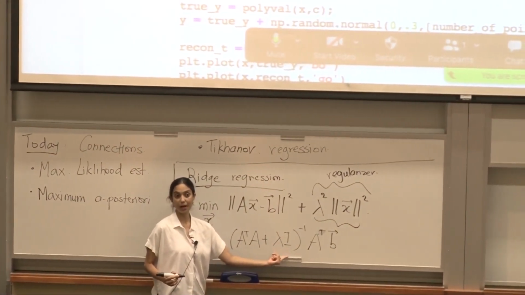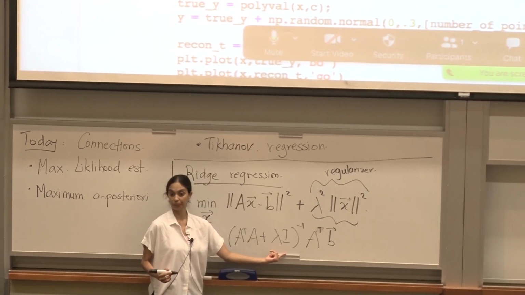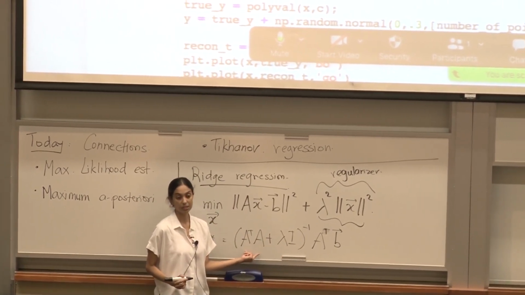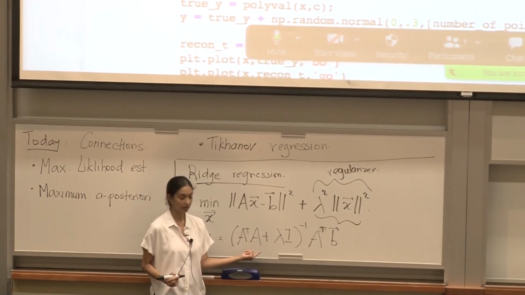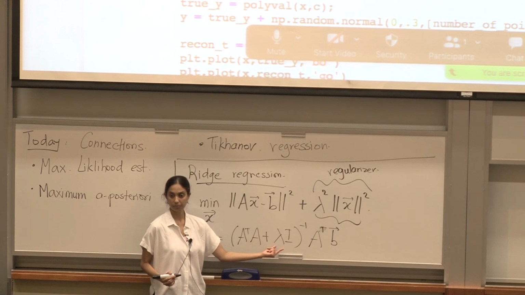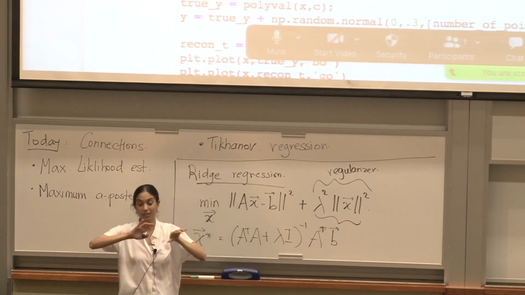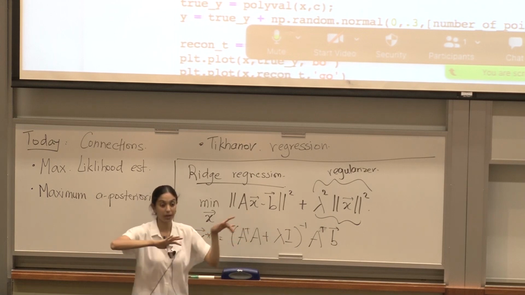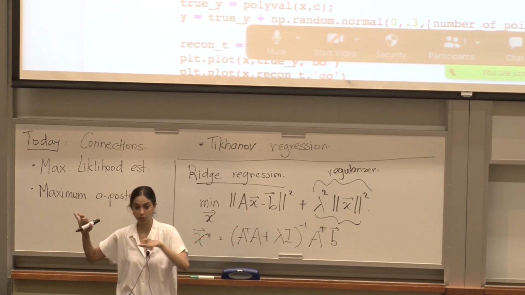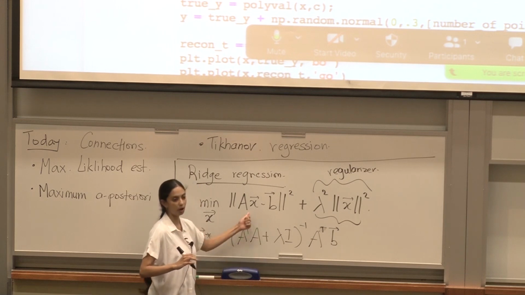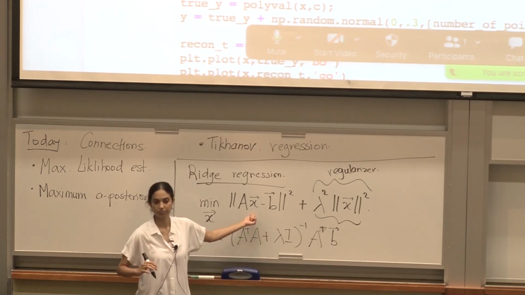We talked about the shift property: this shifts the eigenvalues of A transpose A, and thus the singular values of A, by this quantity lambda. So that's why, in the code, I'm not writing out the optimization, I'm writing out the solution to the optimization, which is the argmin of this optimization problem.